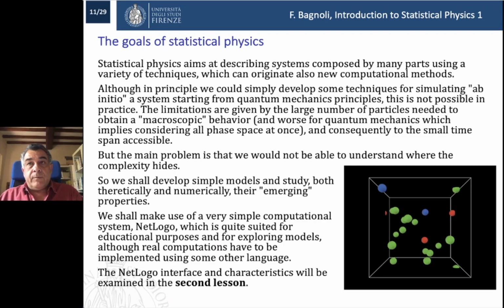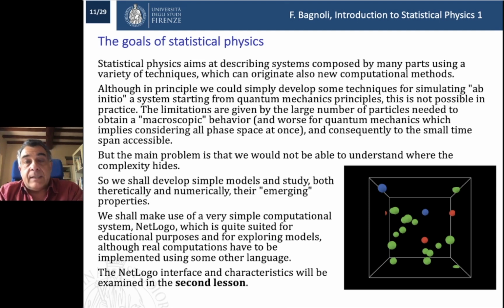So we are now ready to investigate the goals of statistical physics, which, I mean, the idea of studying systems composed by many parts. Actually, strictly, statistical physics deals with systems composed by an infinite number of parts that can be studied clearly using both analytical and computational methods, and can also suggest new methods for studying other problems, like in the case of simulated annealing.